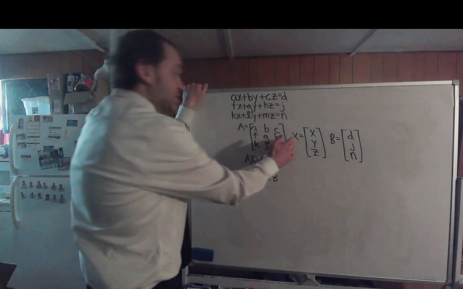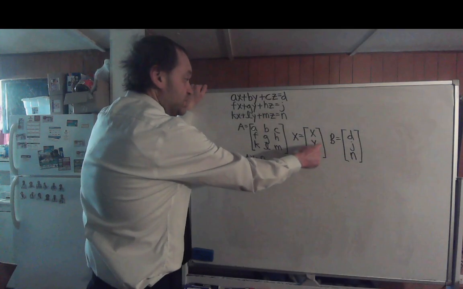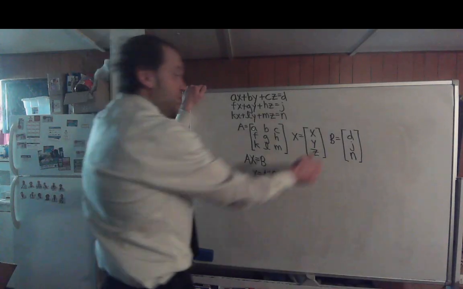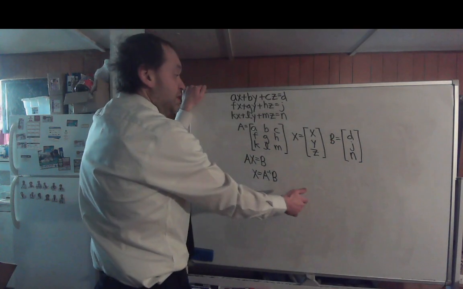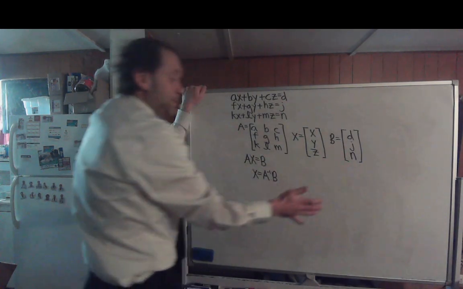This time matrix X will be a 3x1 matrix which would just have variables x, y, and z. And then matrix B is going to be a 3x1 matrix with everything to the right of the equal sign.